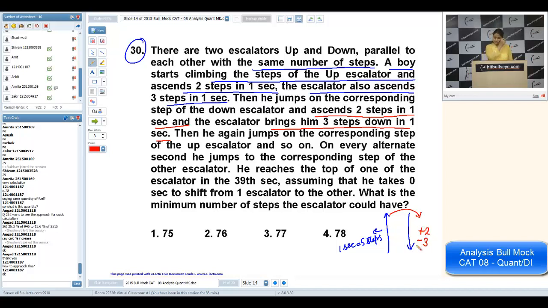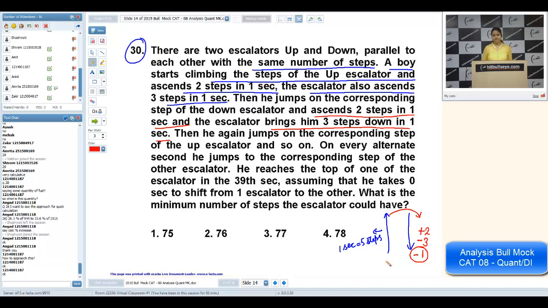He is moving 2 steps upward, but the escalator is coming downwards with 3 steps in 1 second. So effectively, he has covered minus 1 step in 1 second. I mean he has descended 1 step in 1 second. So if I club these two things, can we say in 2 seconds he has effectively moved 4 steps?